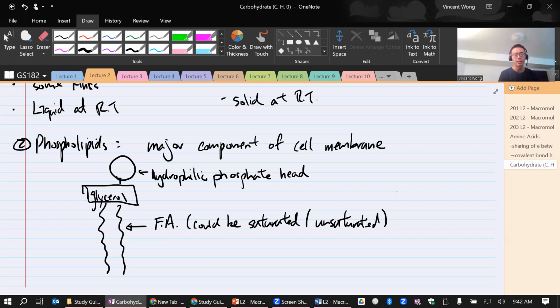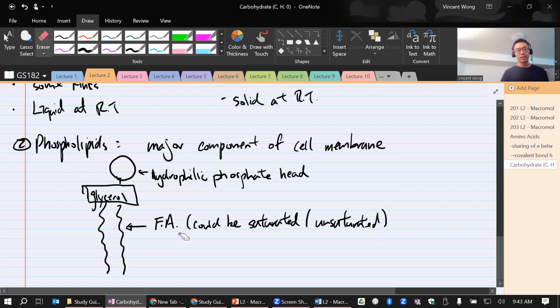Just know that it's a special molecule because it has two different parts to it, right? It has a hydrophilic part, and then it has the hydrophobic tail. So it's CHO and then a little bit of phosphate as well. There is wax. No questions on wax for the quiz.